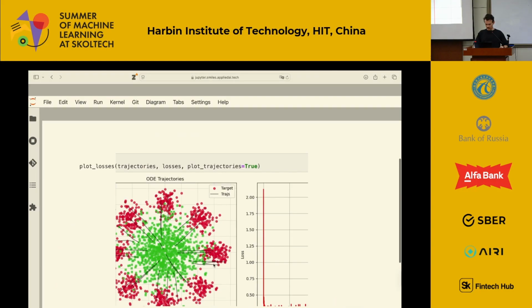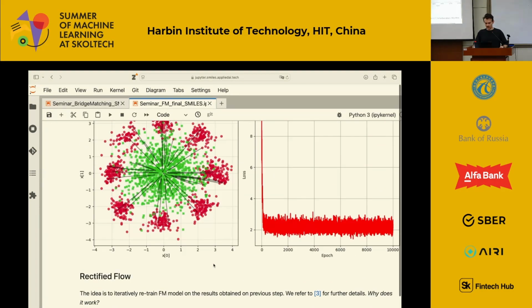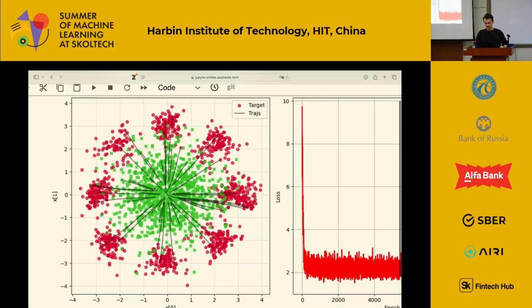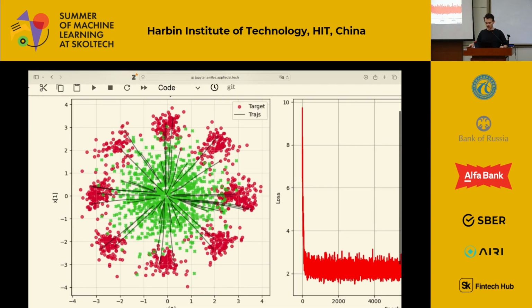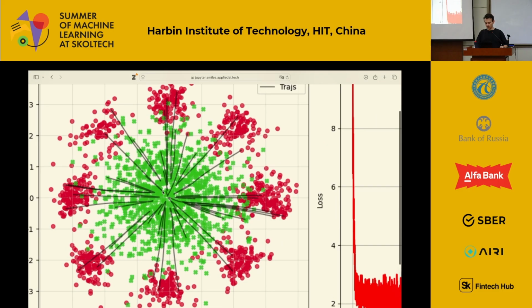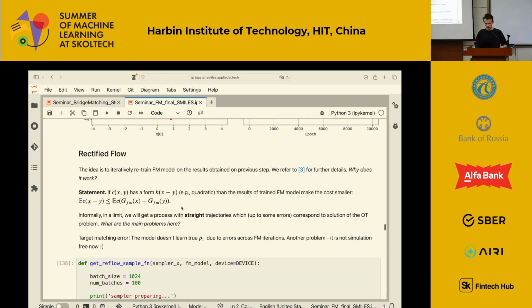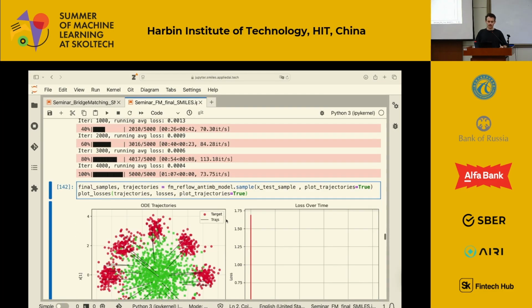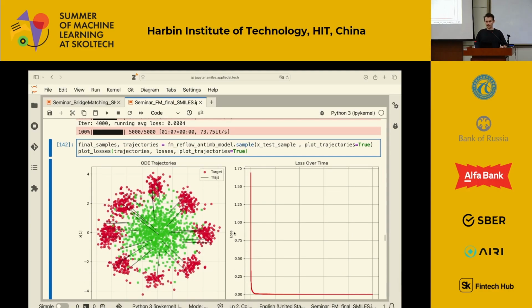Yeah, like these ones. And remember that we started our reflow procedure, straightening our trajectories, from this one, which has a lot of variance and loss. The optimal value is far greater than 0, and the trajectories are not straight at all. So in that sense, this rectified flow procedure is a success.